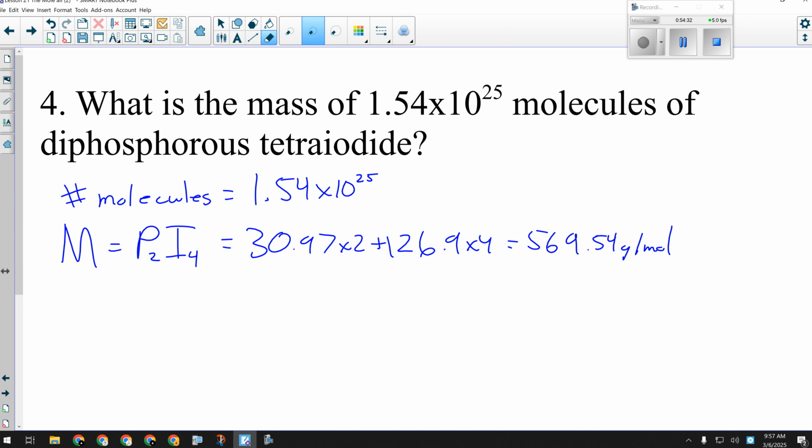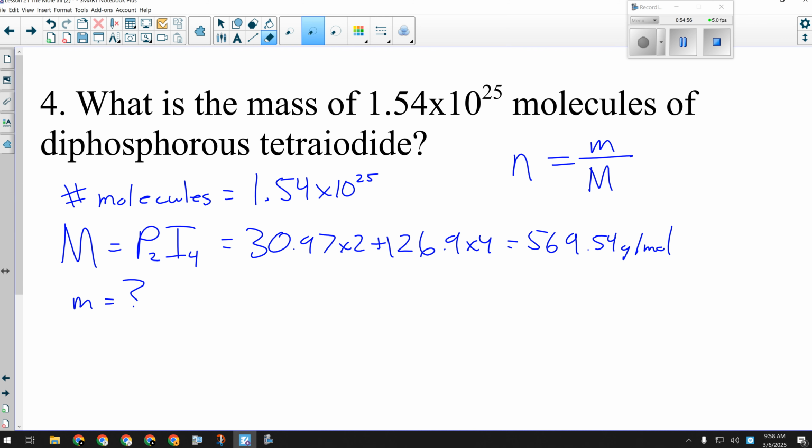And they want me to calculate mass, which is little m. According to the mole equation, to get little m, I need big M, which I have, and I need n, the number of moles.